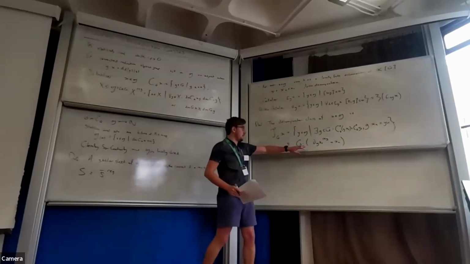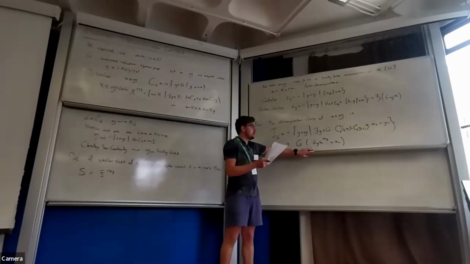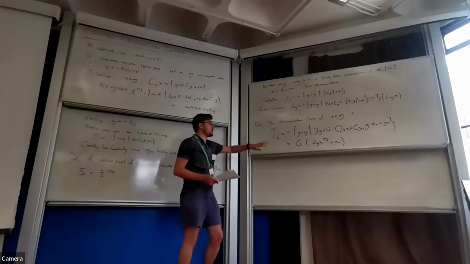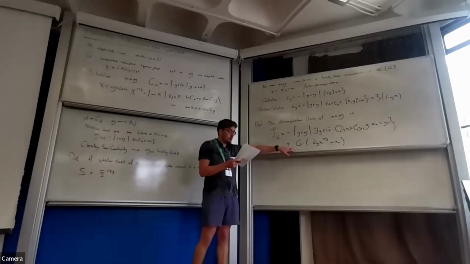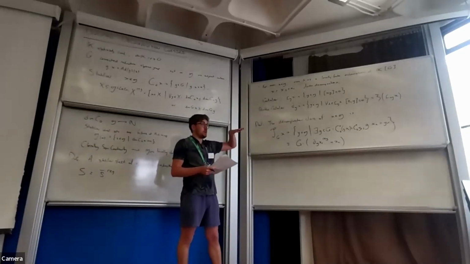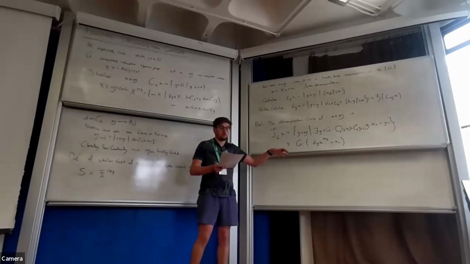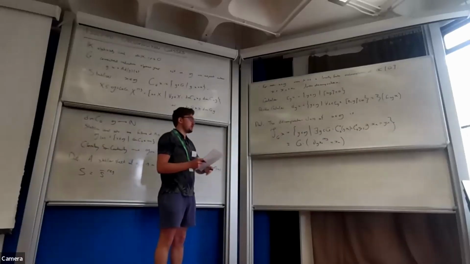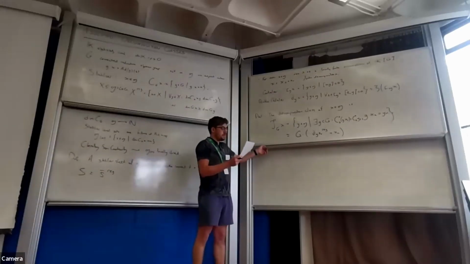So this is an explicit way of building them, and they are obviously G stable, but they're also non-zero scalar multiplication stable, they're irreducible, and they're constructible. So they're a finite union of locally closed sets.